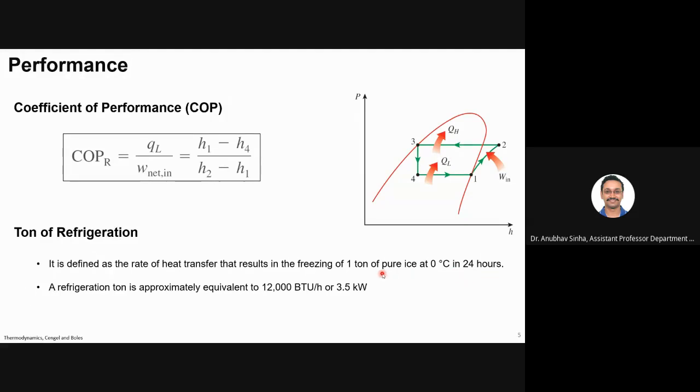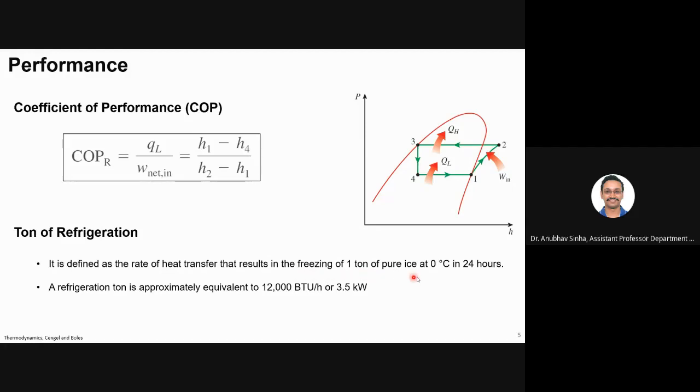So basically, a 1 ton AC should be able to remove the latent heat of 1 ton of ice in 24 hours. It is approximately equal to 3.5 kilowatt. But the idea is that if you leave it for 24 hours, 1 ton of ice should be solidified.